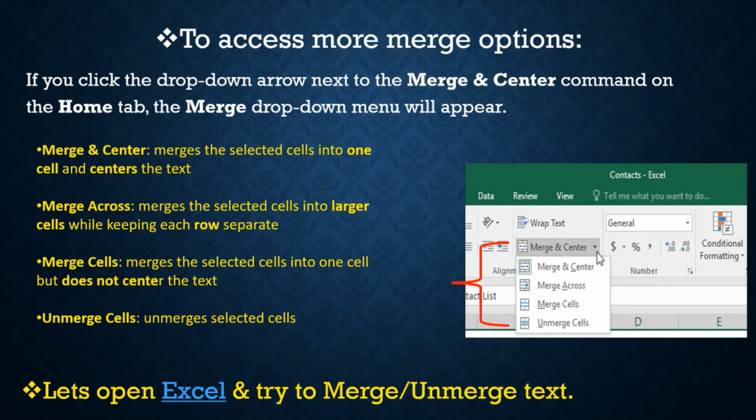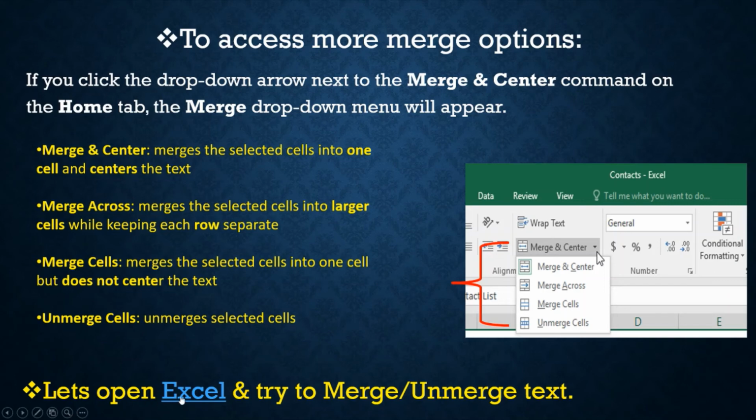Second, merge across merges the selected cells into larger cells while keeping each row separated. Third, merge cells merges the selected cells into one cell but does not center the text. And the last one, unmerge cells. It unmerges the selected cells. So these are 4 options for merging and unmerging.